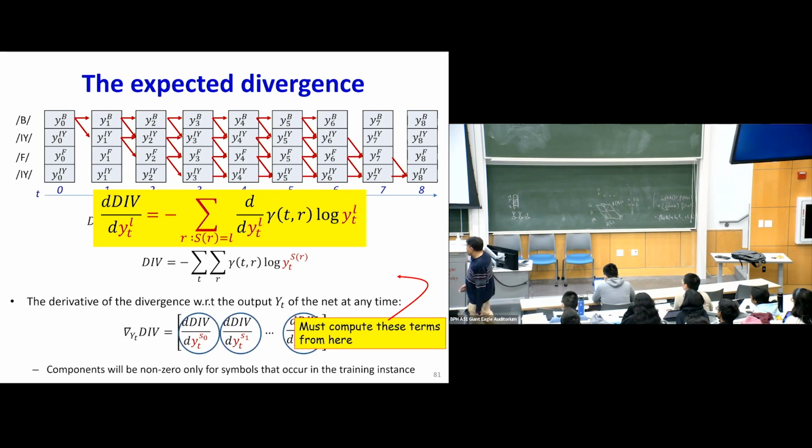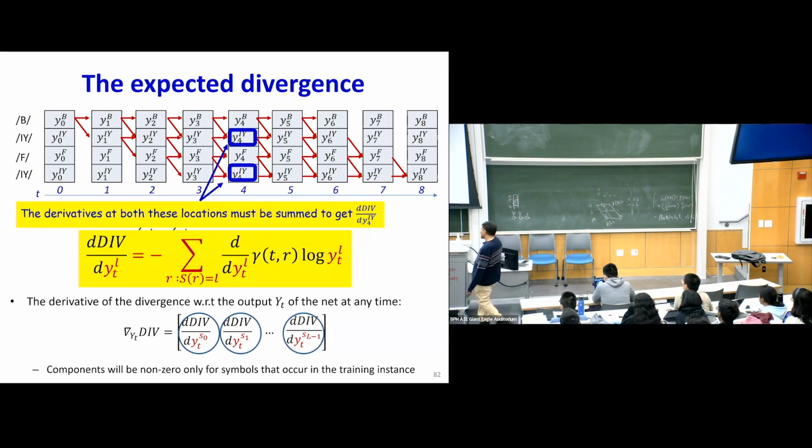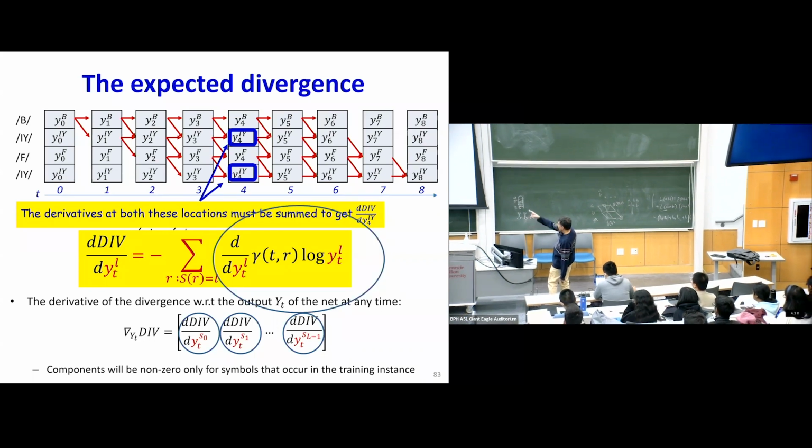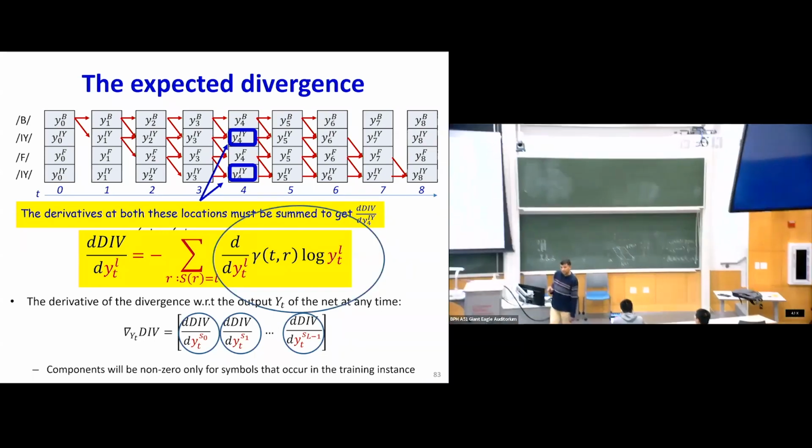So it's d over dy of gamma times log y. The reason you have the summation is that a symbol can occur multiple times in the graph.